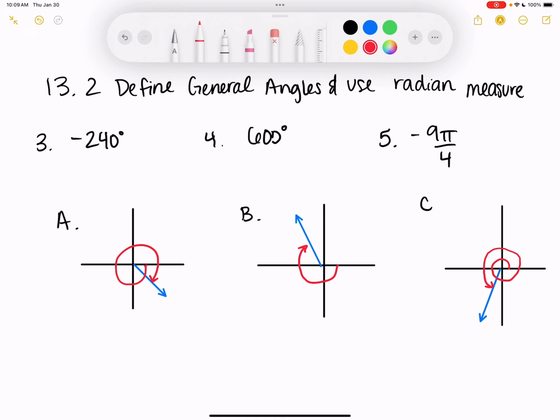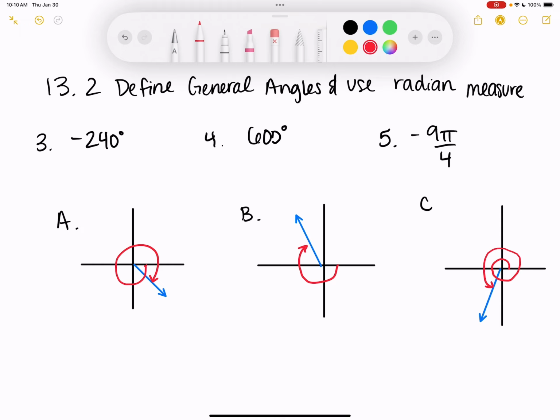But the other thing that we have aside from degrees are radians, which we briefly mentioned when we were looking at our calculator because it makes a difference what mode we have to be in when we're doing trig functions. So number 3 and number 4 here are in degrees. If it's degrees, you have to have the degree symbol on it. Now with radians, they don't often write the word radian or RAD if there is a pi symbol in it.